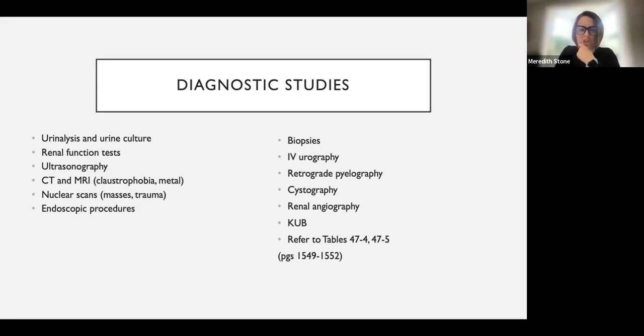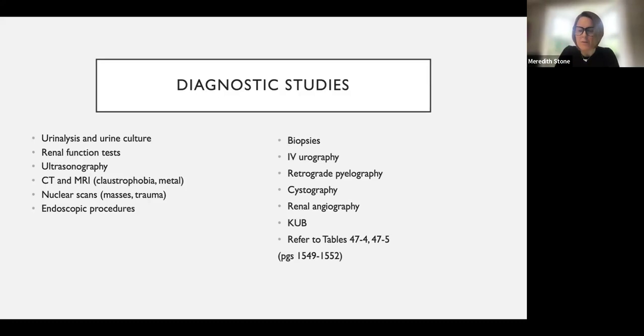KUB is going to help us check, which stands for kidneys, ureter, and bladder. It helps for looking for stones, which we're going to get into a little bit. CAT scans and MRIs are going to be good if we're looking for tumors and things like that, and structural changes, etc.